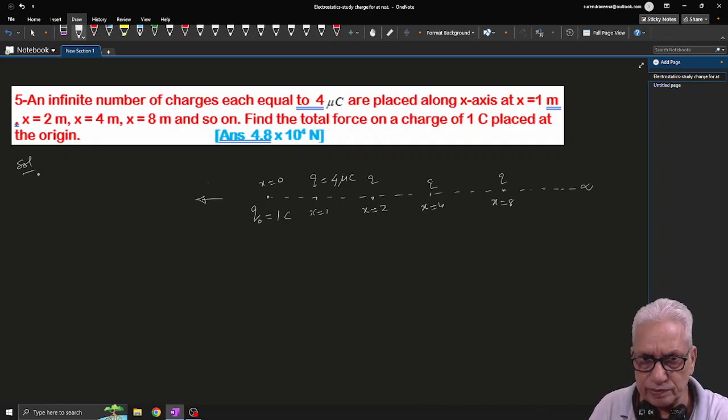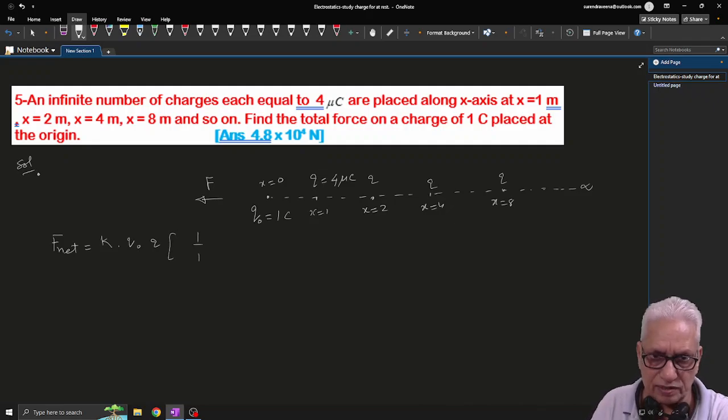All the forces will be acting towards the left, repulsive forces. So the net force will be what? The summation of all the forces are adding up because of the same direction towards left. So the total force, we can take it out common, say K Q naught, means we have taken common 1 upon 1 square, the distance is square, 1 upon 2 square, plus 1 upon 4 square, plus 1 upon 8 square, and so on up to the infinity.